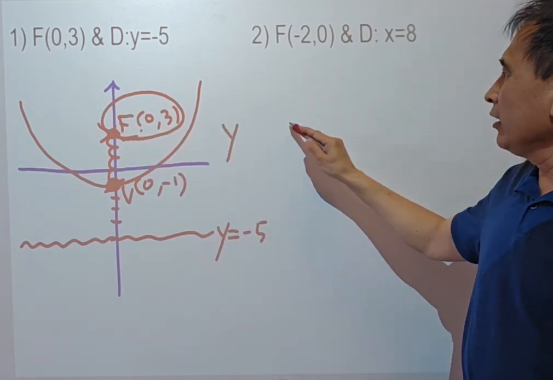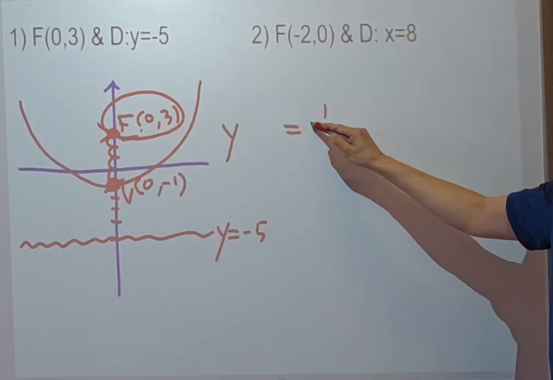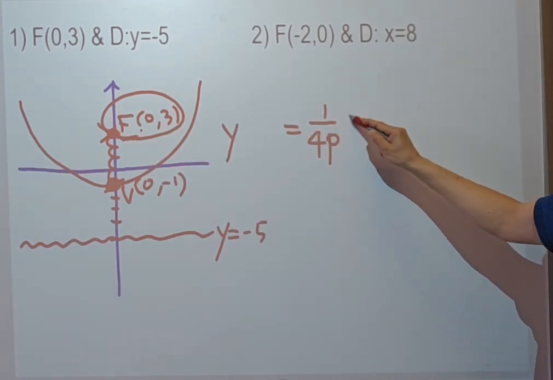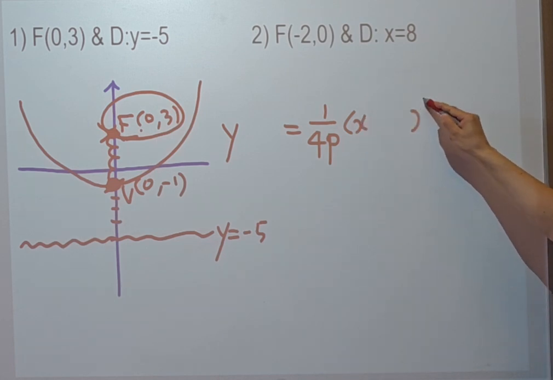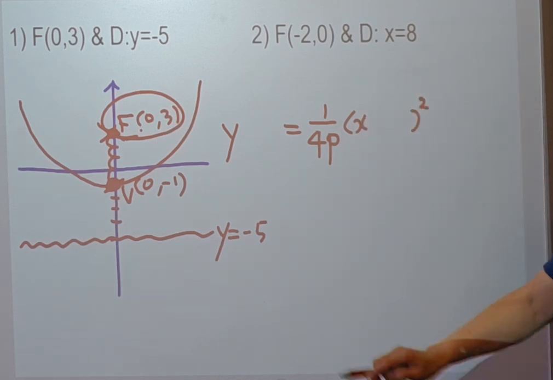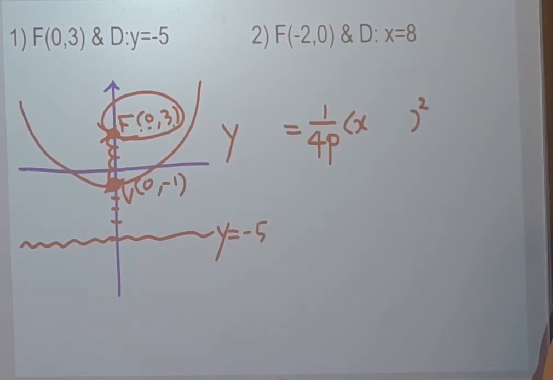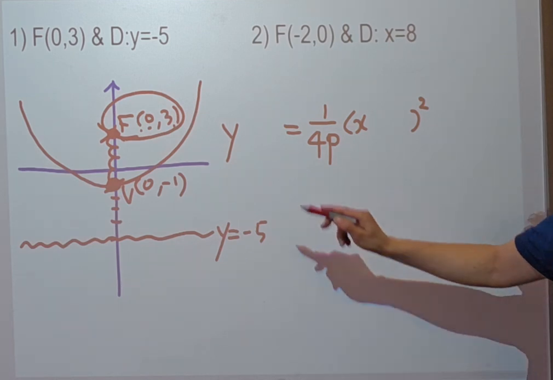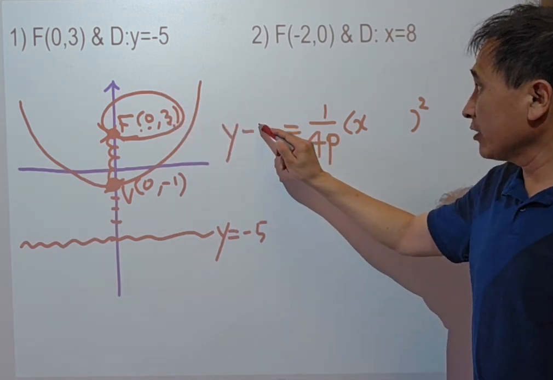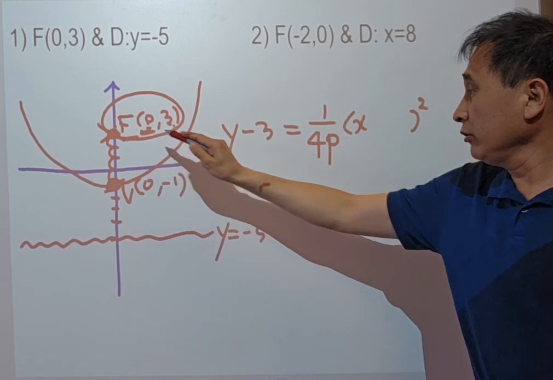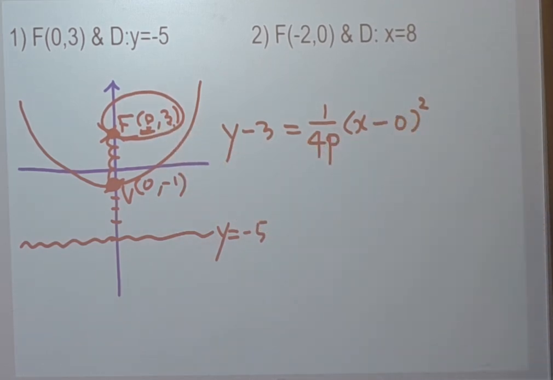Then y equals, and then the 1 over 4p formula, and then x something squared form, right? And then this 0, 3 is about the vertex, then y -3 here. X, this is the x value, opposite sign all the time, like this.